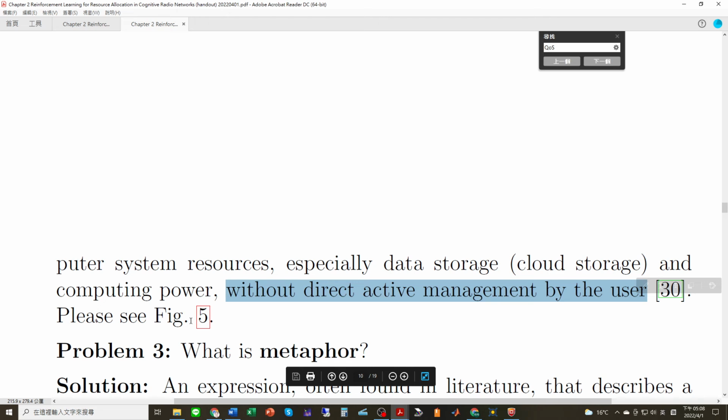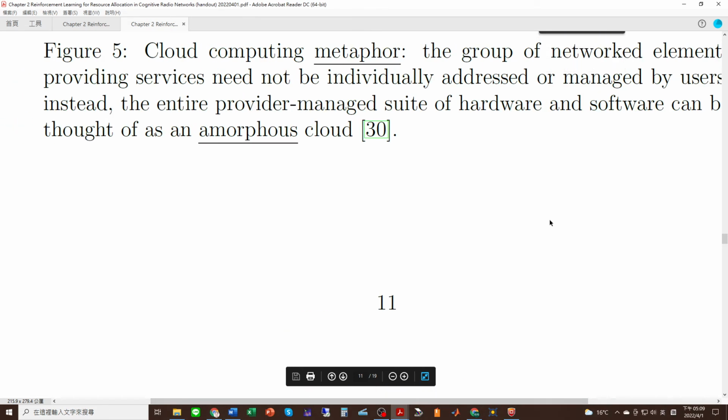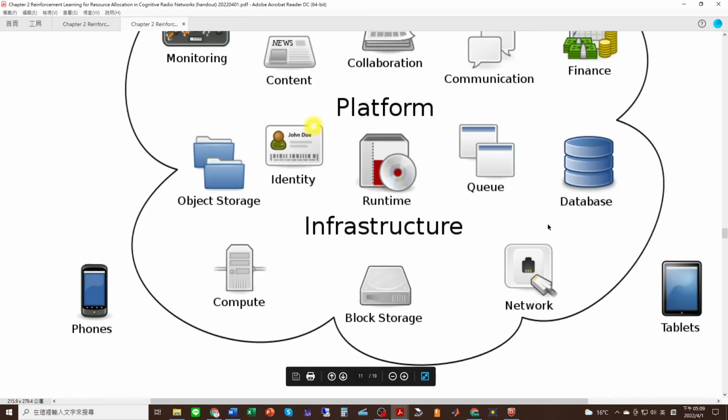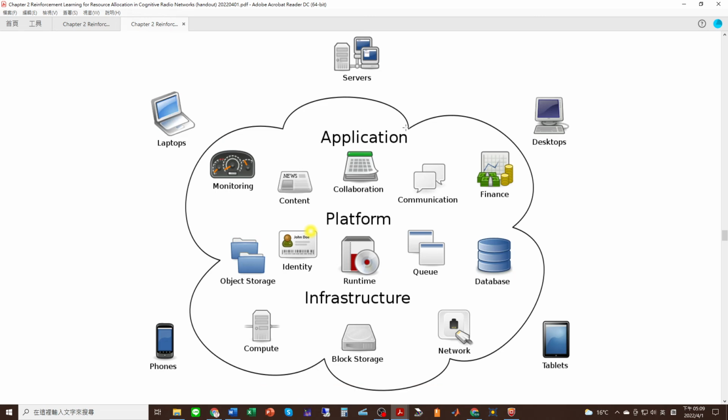Please see figure 5. In figure 5 we can see a cloud, and the cloud contains applications such as monitoring, content, for example news, collaboration, communication, and finance.